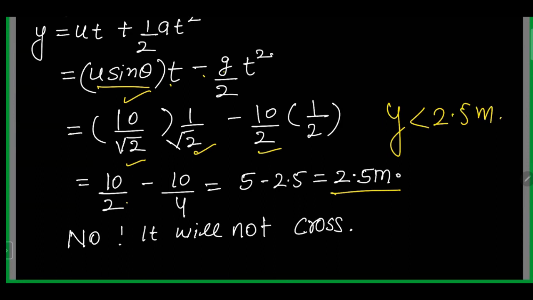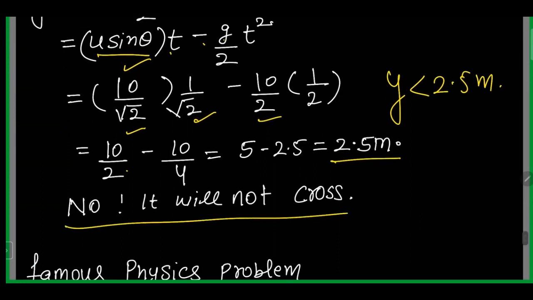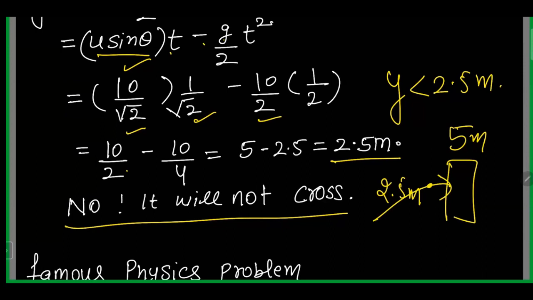So my y comes out to be 2.5 meters. It means my ball will not cross, because my wall is 5 meters high and I am at 2.5 meters. It means my ball will go here and hit it. It means my ball will not cross the wall. So this is a very famous physics problem. You all must be aware of it.